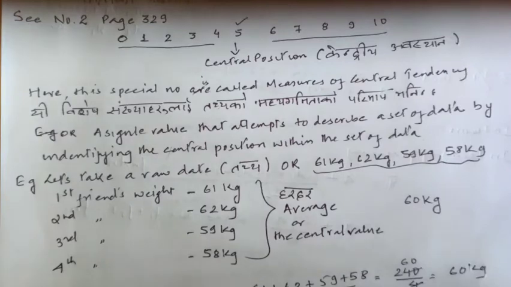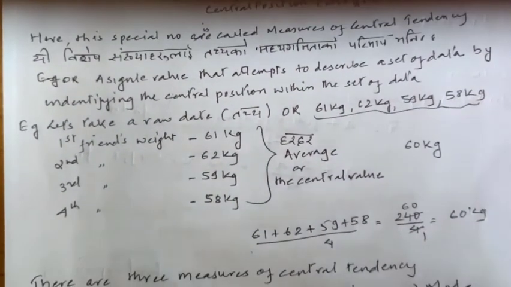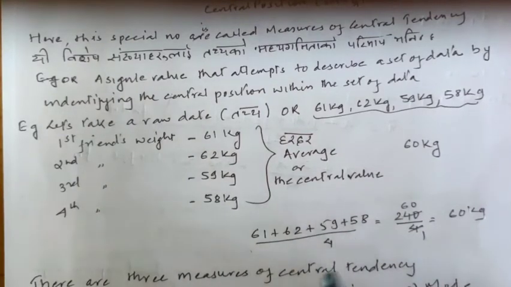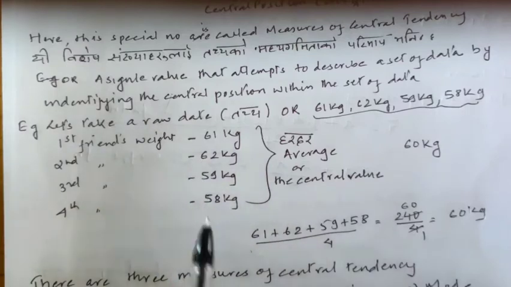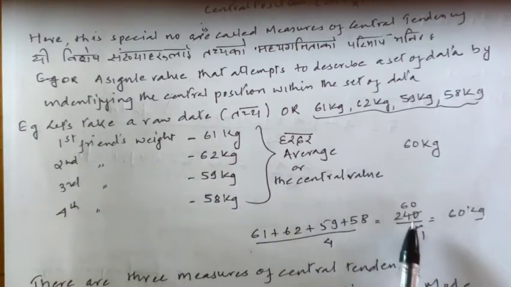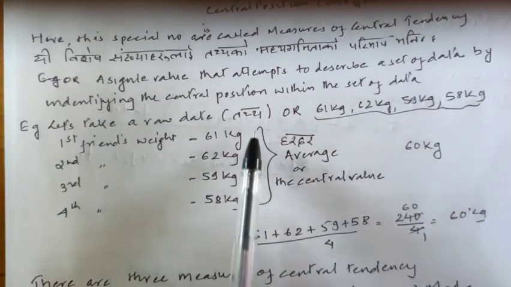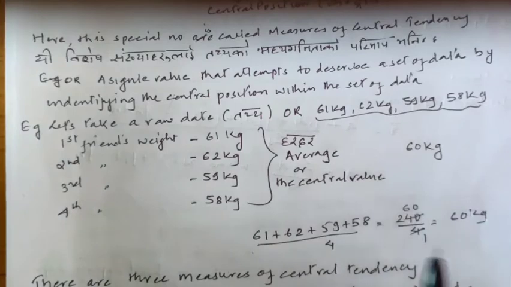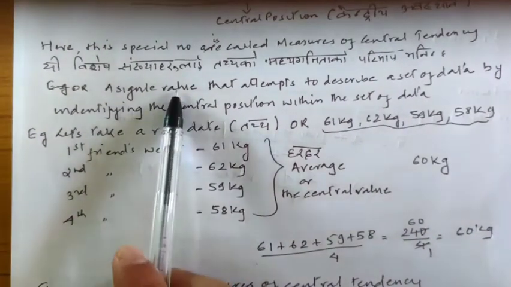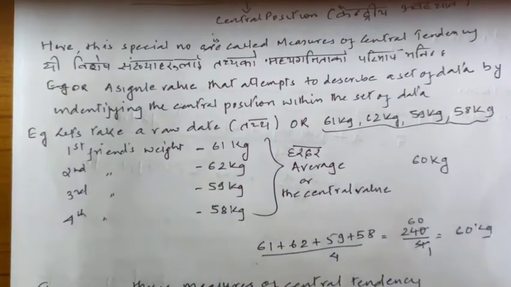So if I add all these 4 weights, can you see I've added all the 4 weights, and how many people, how many observations? 1, 2, 3, 4. So divided by 4, you'll get 240 divided by 4, which is 60 kg. So this 60 kg is the central value for these 4 weights. So this 60 kg is the value which represents the central position. I hope you understand what I'm trying to say now.